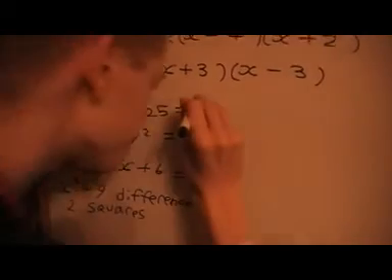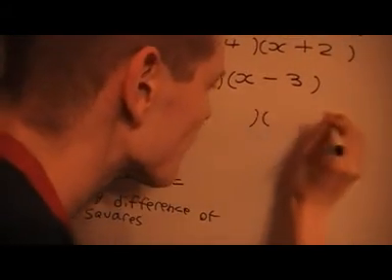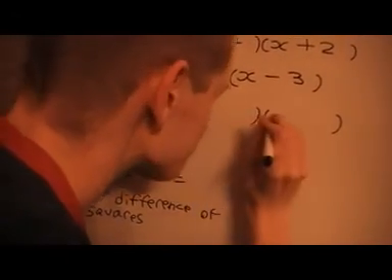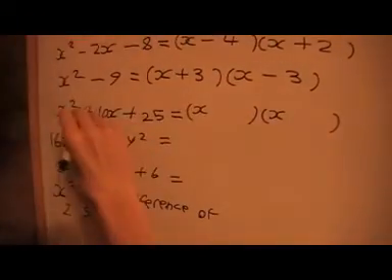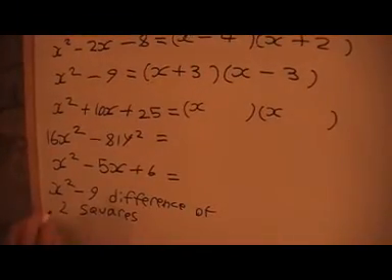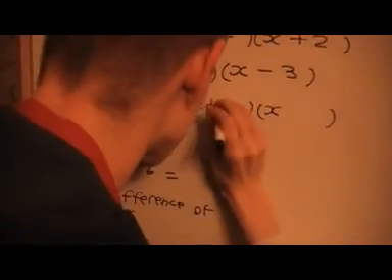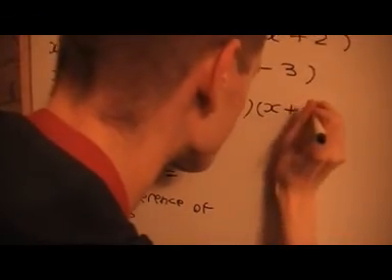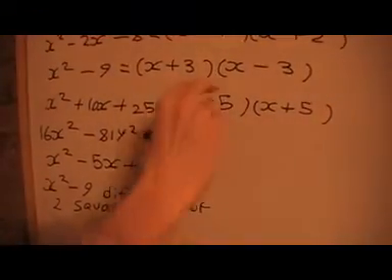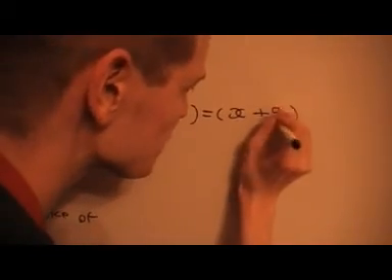Next one now. And put x at the beginning. Two numbers that add to make 10 and multiply to make 25. Those are going to be 5 and 5. Now notice that I've got the same thing here. So I can rewrite that, if you like, as x plus 5 all squared.